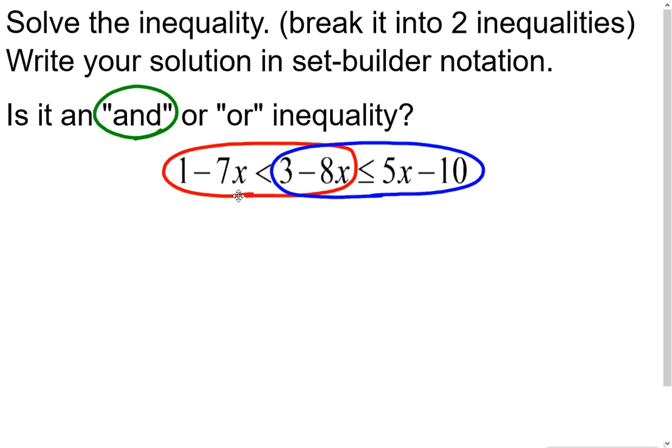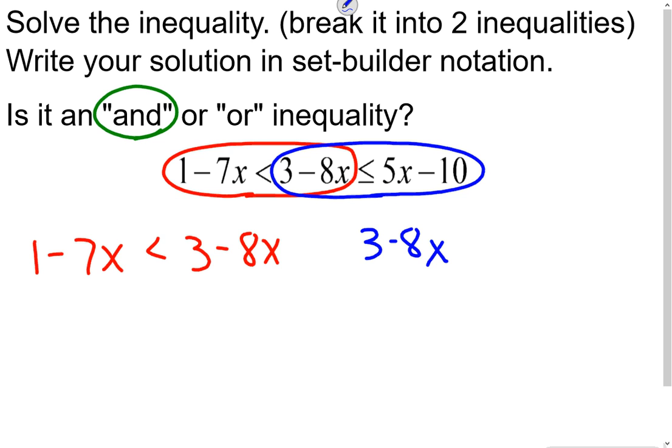So I'm just going to rewrite it as 1 minus 7x is less than 3 minus 8x, and then I'm going to solve that inequality. My other one, like I said, is 3 minus 8x is less than or equal to 5x minus 10. So I have these two inequalities to go through and solve.